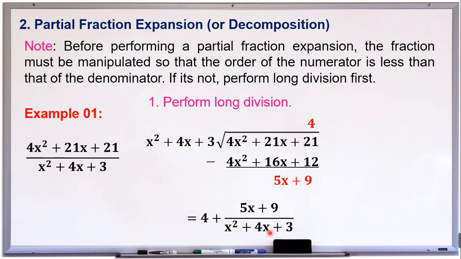Now, for our partial fraction expansion, we are concerned with this term. Luckily, after performing long division, we have transformed our given complex fraction into a fraction in which the numerator has a lesser degree compared to the denominator.